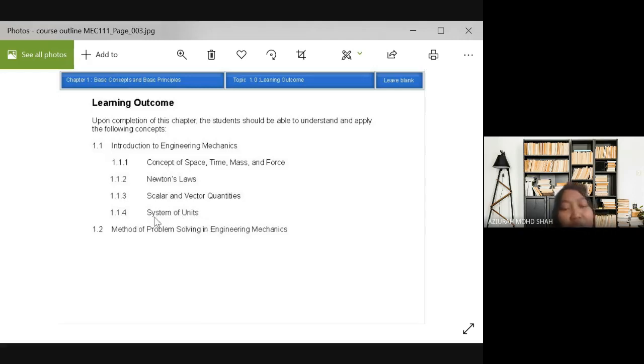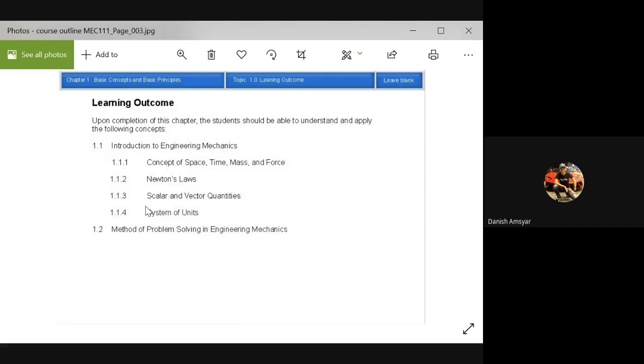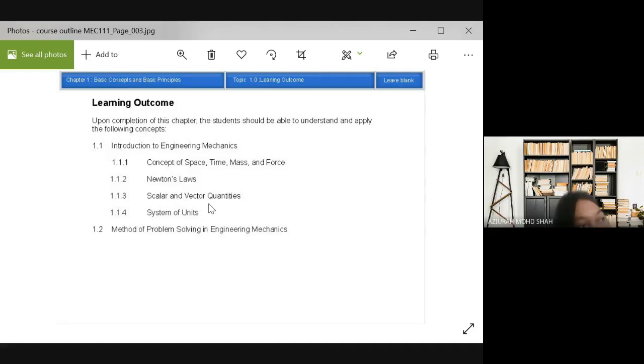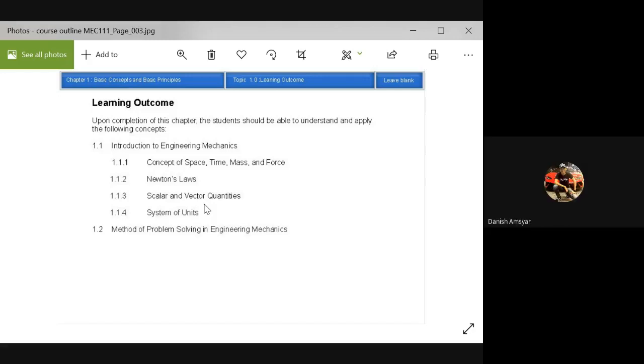Anyone would like to try? Apa beza skala and vektor? Vektor ada magnitude dengan arah, skala tak ada arah. Yes. Okay. For example, vector, give me one. Displacement. Velocity.